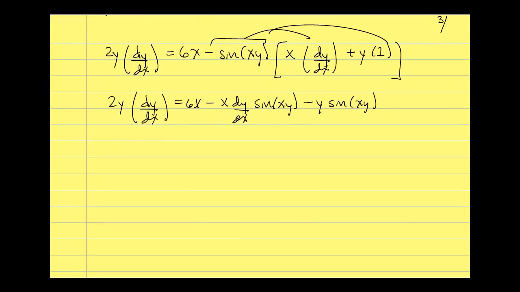Okay, still not done yet. I want to figure out what dy/dx is. So I need to move this piece across, where I add x dy/dx sine of xy to both sides. Whatever you do to one side, you do to the other. We have to balance that equation.